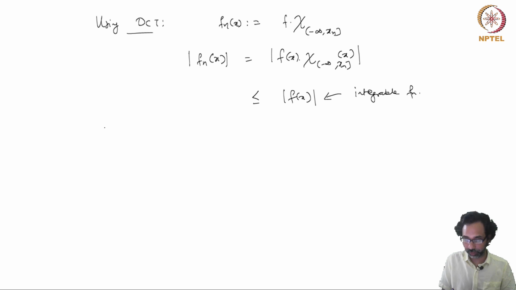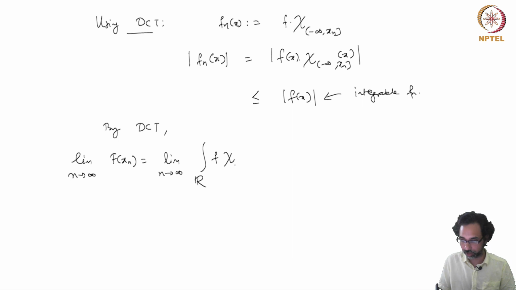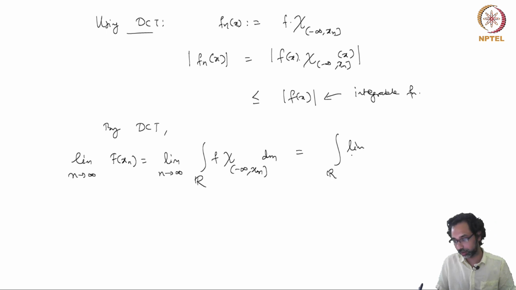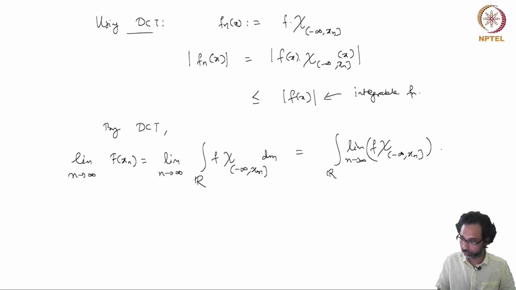So this implies that by DCT we have the limit as n goes to infinity of F(xn), which is the limit as n goes to infinity of the integral over R of f times chi of minus infinity to xn, dm, and this is equal to the integral of the limit taken inside, of f times chi of minus infinity to xn, dm.